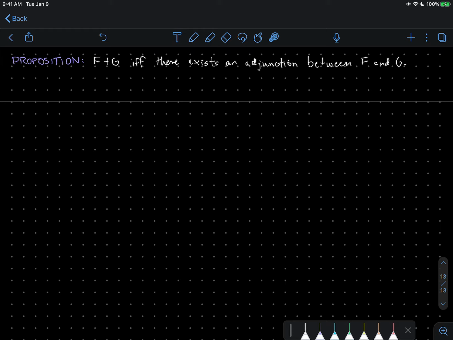Most importantly, let's give some examples of adjunctions, because they show up all over the place. All right. A large class of examples comes from forgetful functors. So let's just start by looking at the forgetful functor from groups to sets.